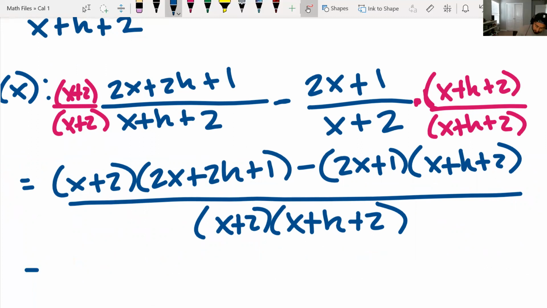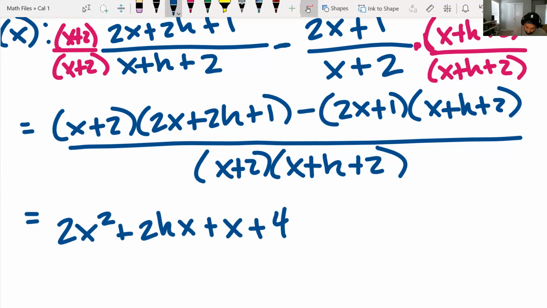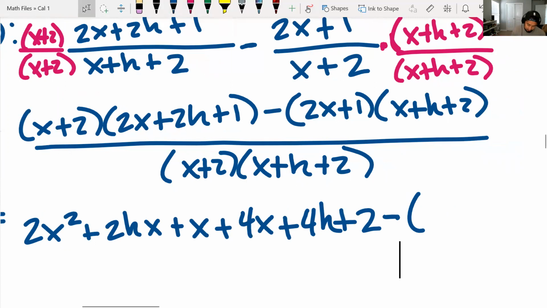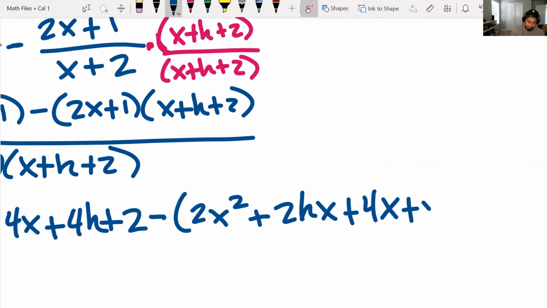Okay. So first one will give me 2x squared plus 2hx plus x plus 4x plus 4h plus 2 minus, keep the parentheses there, and you'll get 2x squared plus 2hx plus 4x plus x plus h plus 2.